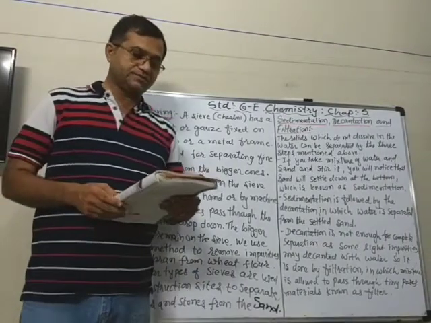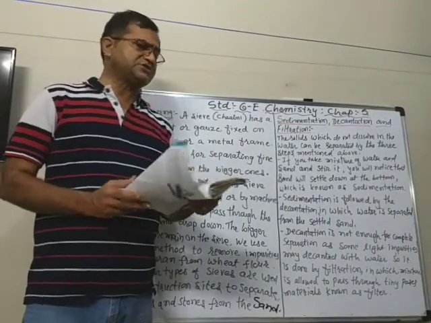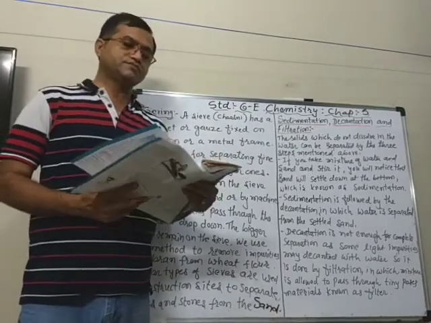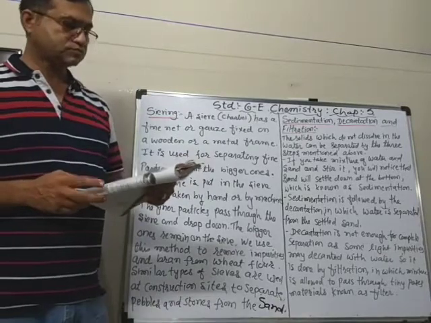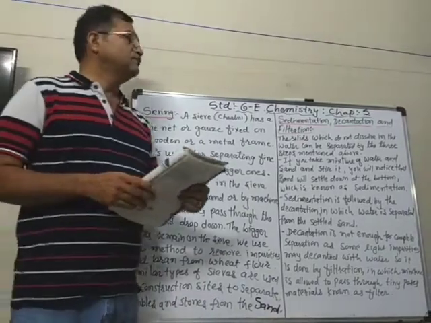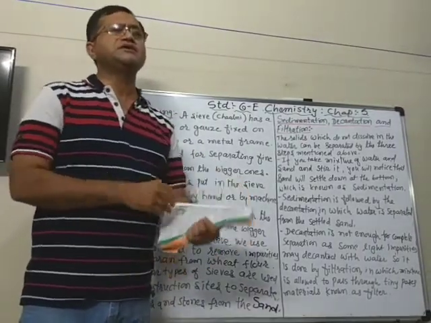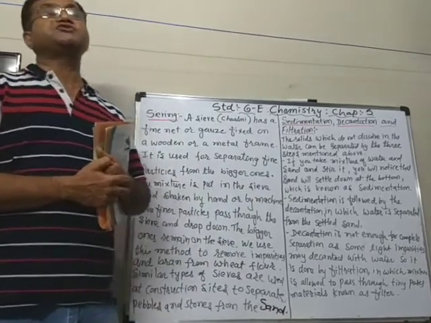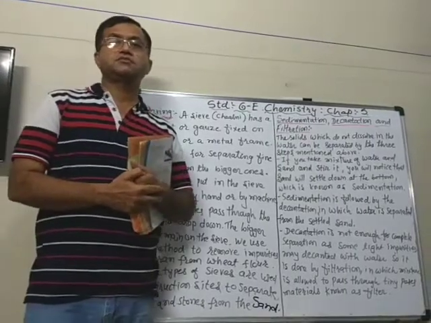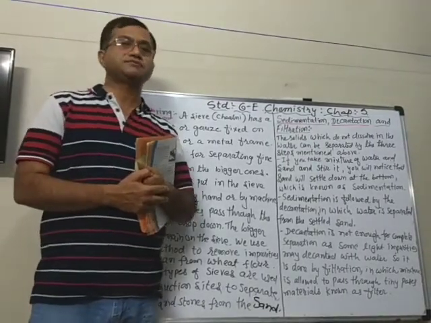Standard 6th. In chemistry chapter number 5, separation of substances. We know that sometimes we need to separate the components from the mixture for different purposes.